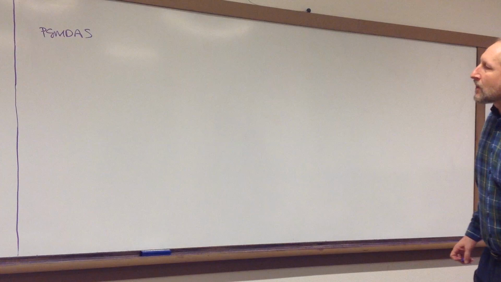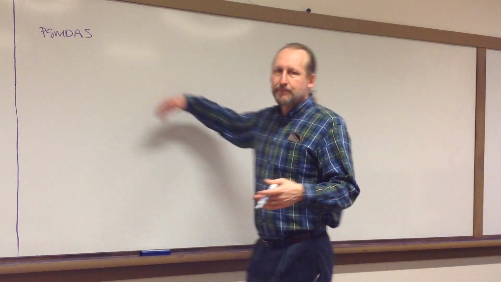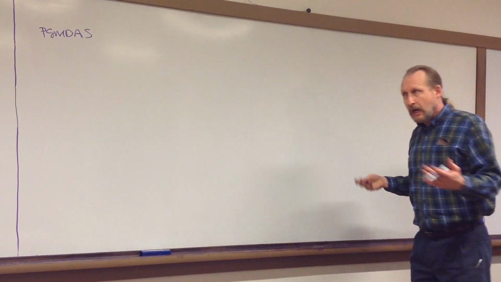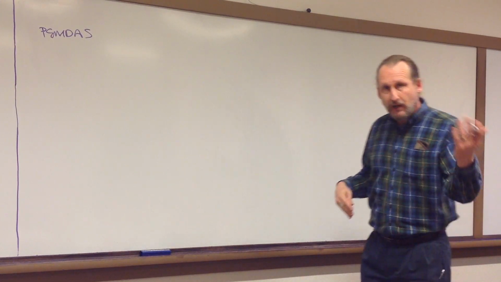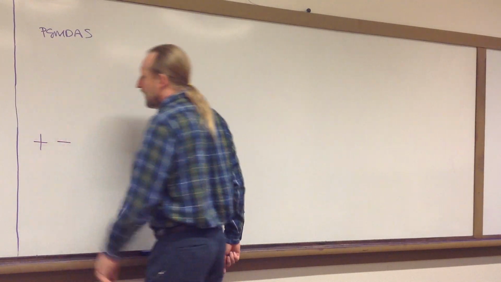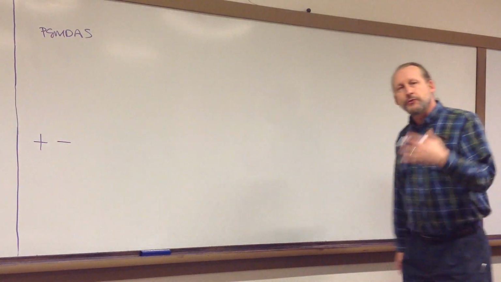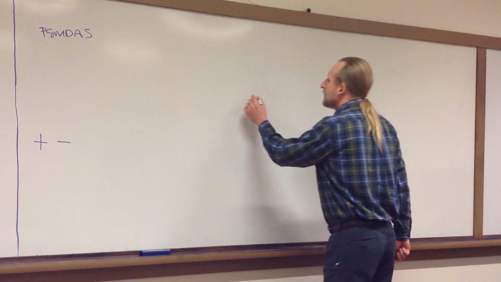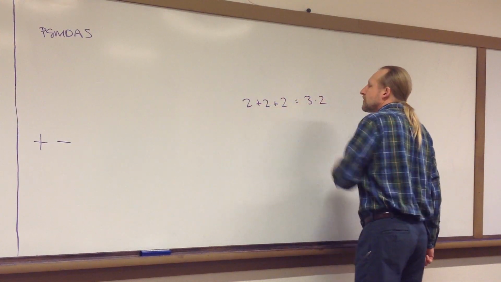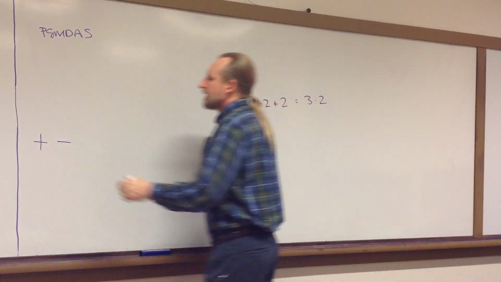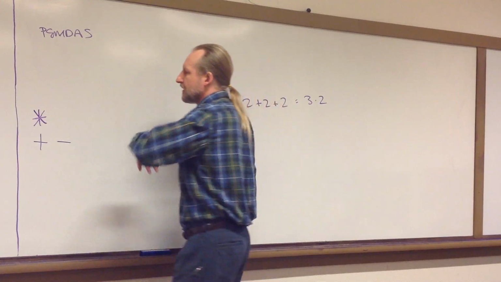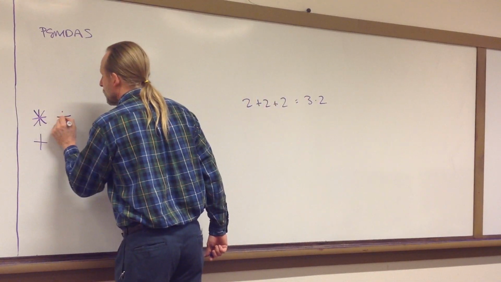That's helpful. So let me talk about where this PEMDAS idea comes from. So the simplest operations in arithmetic are adding and subtracting. Okay? So those are the simplest operations. Now if you do repeated addition, like say you do 2 plus 2 plus 2, that's 3 times 2. So that gives us multiplication, and then the opposite of multiplication, which is division.